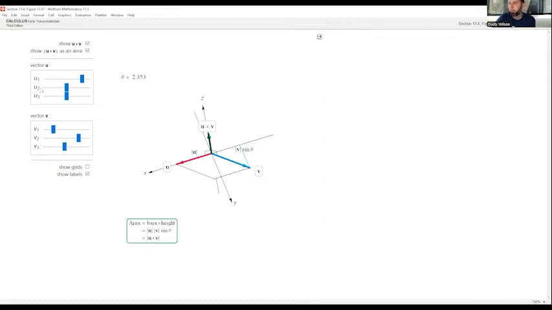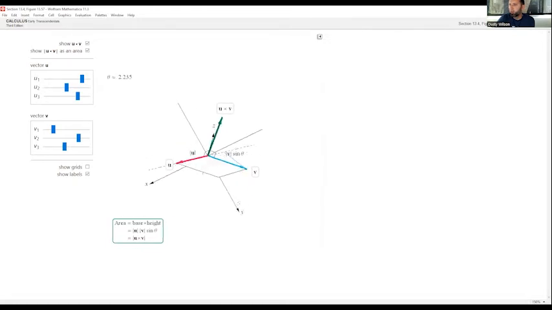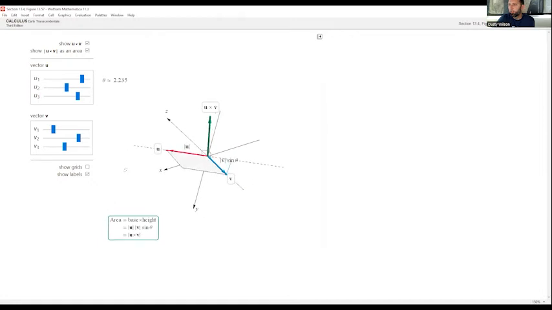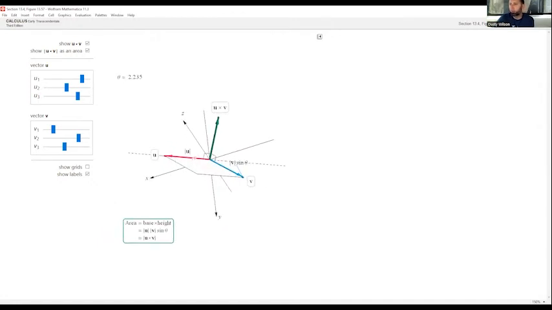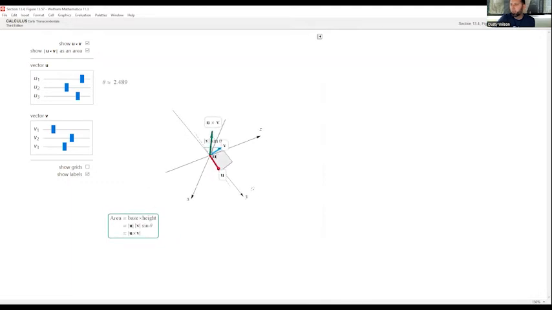Okay. And we can tweak these vectors a little bit. So notice that if we adjust our red vector, then the green vector is also going to shift, so it stays perpendicular to both the red and the blue vector. As these vectors change, the green will always be perpendicular.